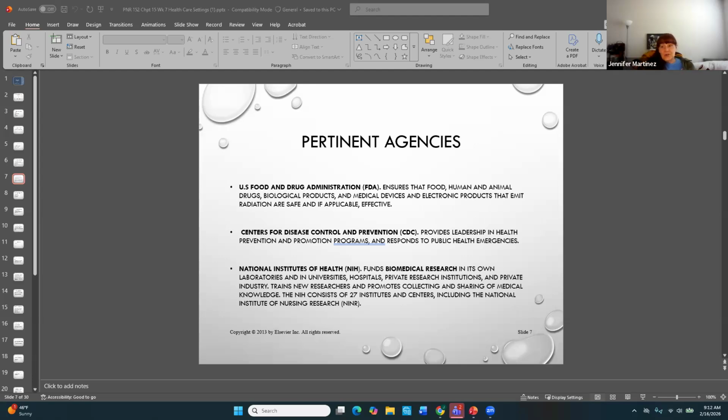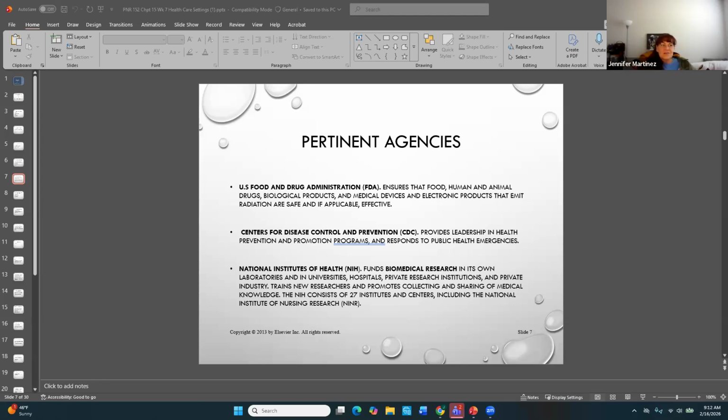They're the ones that ensure all our food, human and animal medications, biological products, medical devices, and electronic products that emit radiation are safe and, if applicable, effective. Medical devices include things like your artificial joints, internal defibrillators, and pacemakers. Any of those types of products.